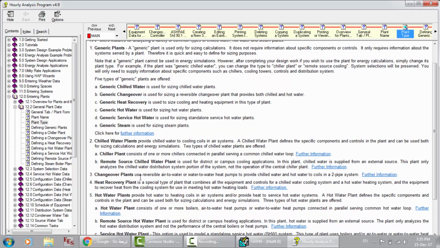So the changeover plants use reversible air to water or water to water heat pumps to provide chilled water and hot water to coils in a two-pipe system. Okay.